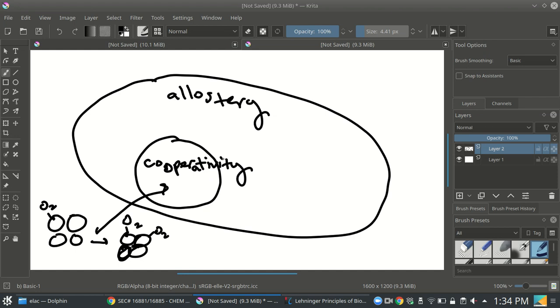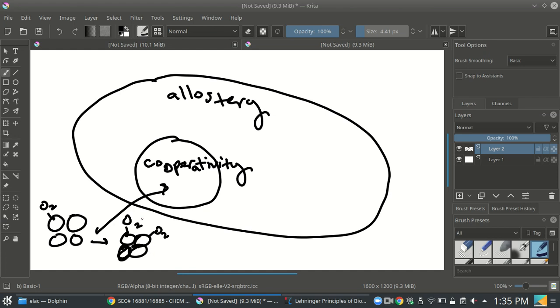So we humans have defined allostery as these other effects on ligand binding to a protein other than the concentration of the protein and the concentration of the ligand and the identity of the ligand. And one of those other effects is the shape of the protein, whether it's quaternary or tertiary structure. In this case, it's mostly quaternary structure, some tertiary structure.